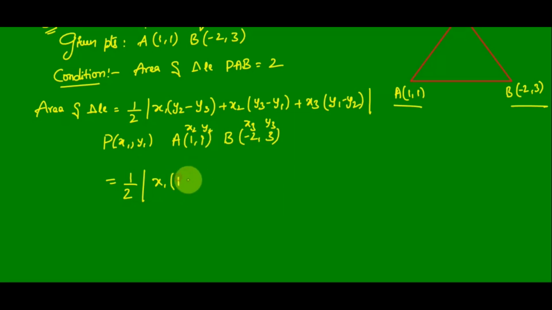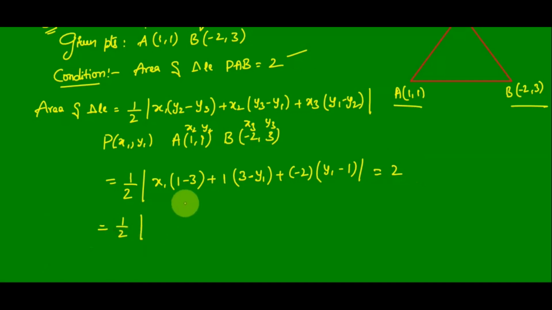Here y2 is 1 minus y3 is 3, plus x2 is 1 into (y3 - y1), y3 is 3 minus y1, then plus x3 is here -2 into (y1 - y2), y1 minus y2 is 1, mod close, equal to 2. We said that here the area of PAB is 2. Now we'll simplify this.